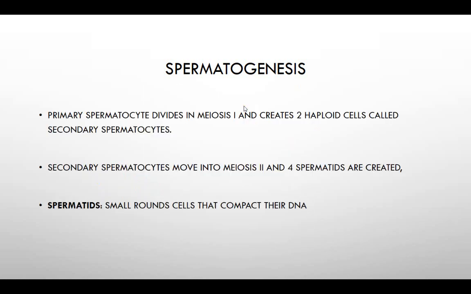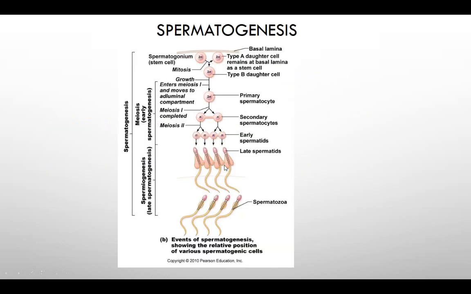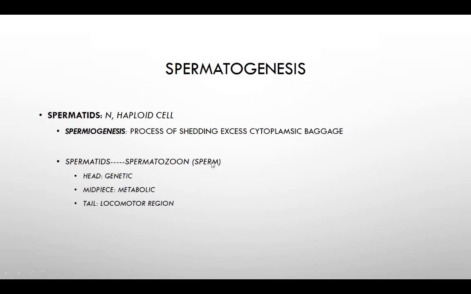And so if we go back to this, right here, I like this one better, you can see the cytoplasm that's still left on that. So we need to get rid of that and have these little spermatids mature, and that process is called spermiogenesis. So the spermatids, after they go through spermiogenesis, will eventually become spermatozoa, which are the sperm, and the head of the sperm has the genetic information.